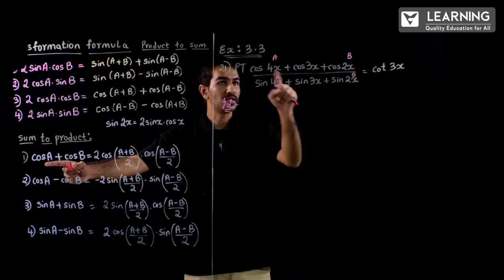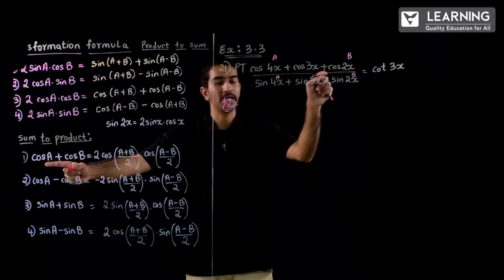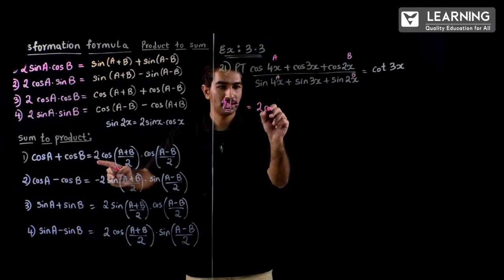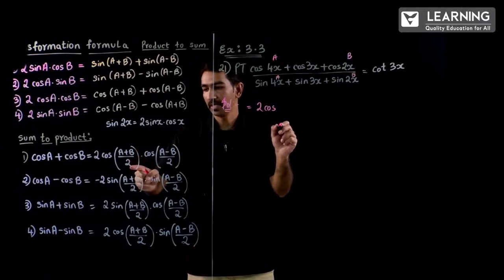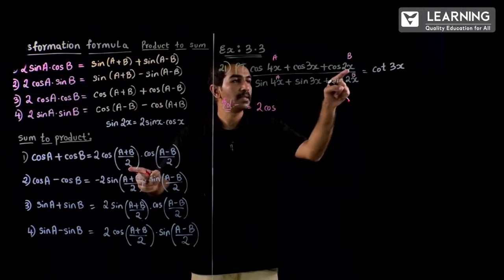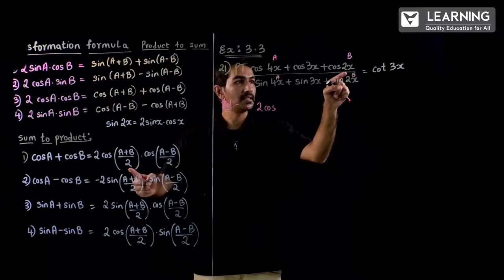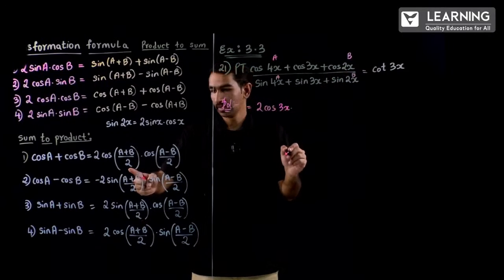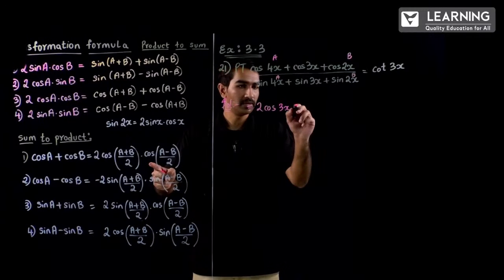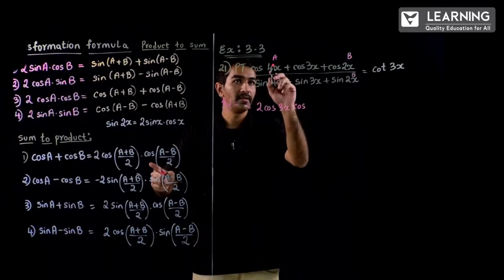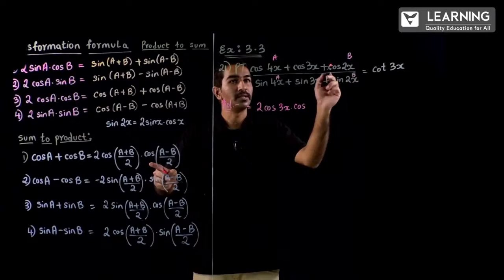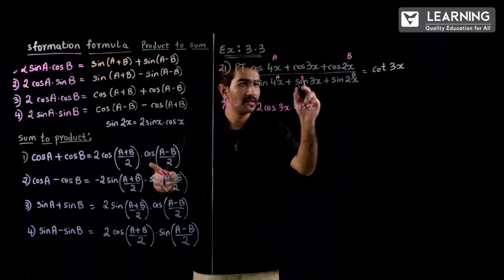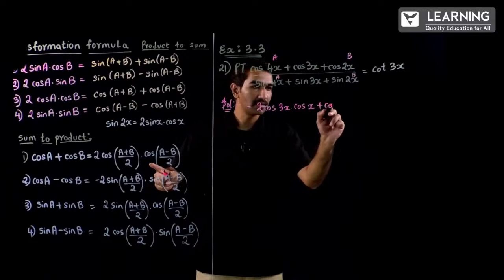Now the very first one, students, cos 4x plus cos 2x is equal to 2 cos A plus B by 2, 4x plus 2x, 6x, 6x by 2, 3x, into cos A minus B by 2, cos 4x minus 2x, 2x, 2x by 2, x, plus cos 3x as it is.